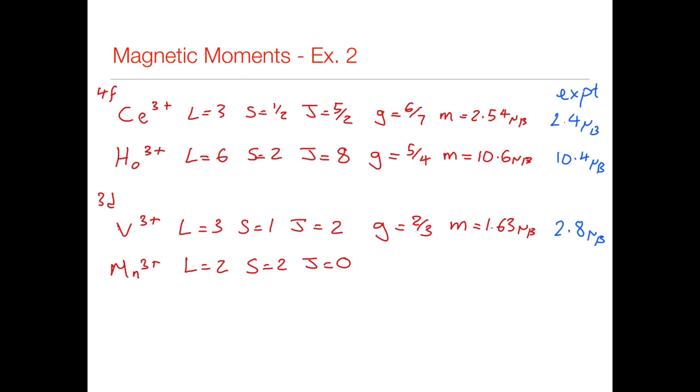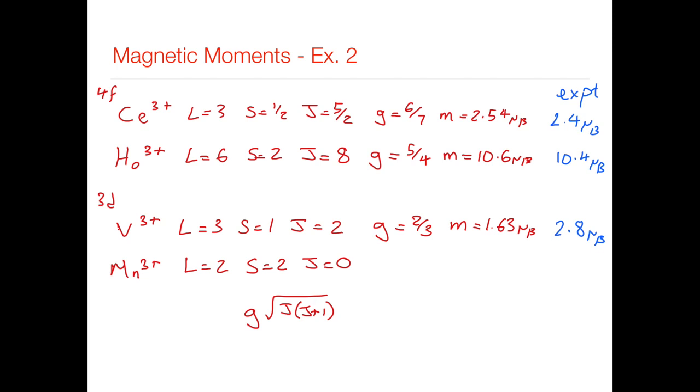Okay, so indeed what we found is that G is not particularly meaningful, but remember what the magnetic moment is defined as. It was G lots of square root of J(J+1). And if J is 0, then there's no magnetic moment. We don't have to worry too much about what G is.